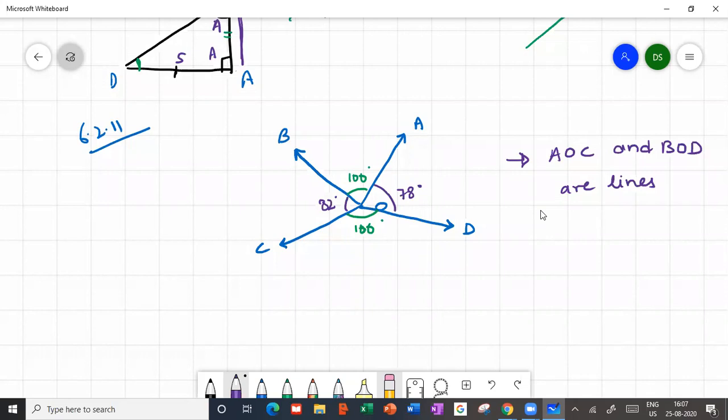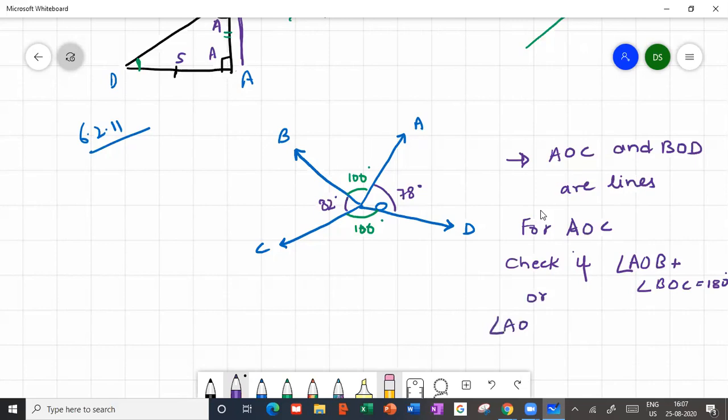Correct. So for AOC, what will you check? Check if angle AOB plus angle BOC is equal to 180, or angle AOD plus angle DOC is equal to 180, which clearly you can see they are not.